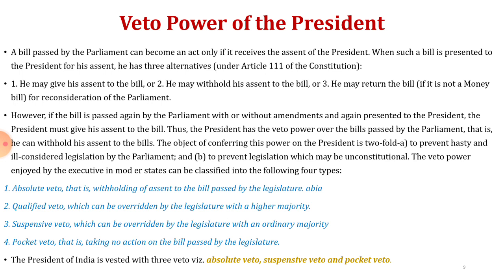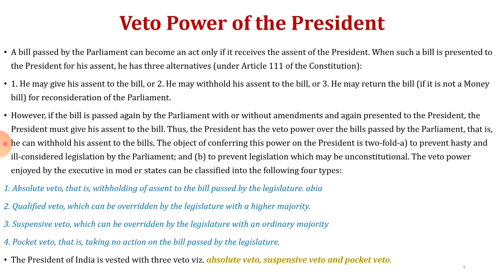Then the special power, that is the veto power of the president. Let us see what is meant by the veto power. A bill passed by the parliament can become an act only if it receives the assent of the president. When such a bill is presented to the president for his assent, he has three alternatives. First, he may give his assent to the bill, he may withhold his assent to the bill, or he may return the bill for reconsideration of the parliament.